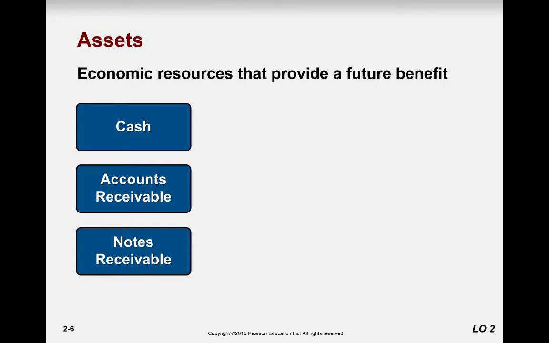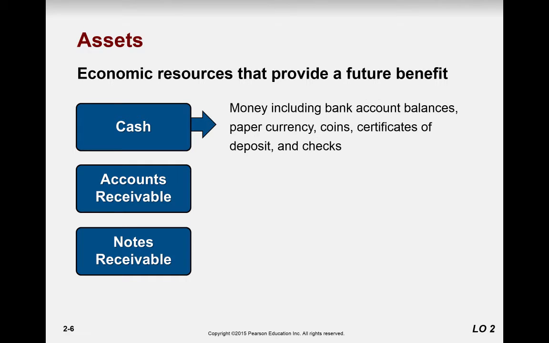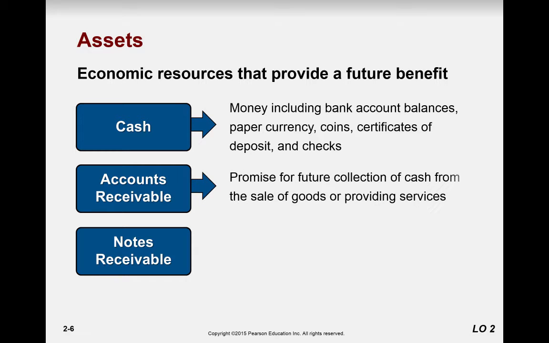So assets, we mentioned previously that they provide a future benefit. Cash is any type of money that is included in your bank accounts and CDs and checks. Accounts receivable are basically a promise from your customers that they will pay the amount of money that you've agreed to for your rendering of services or the sale of the goods.